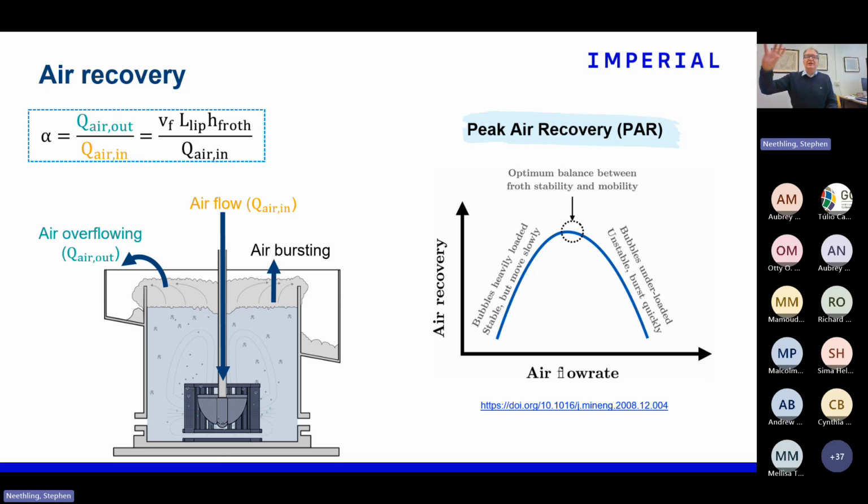And so you increase the fraction of your air that is going over the lip. Eventually, though, as you add more and more air, your bursting rate goes up quicker than the increase in the amount of air you're adding. And so you go through a peak in your air recovery.